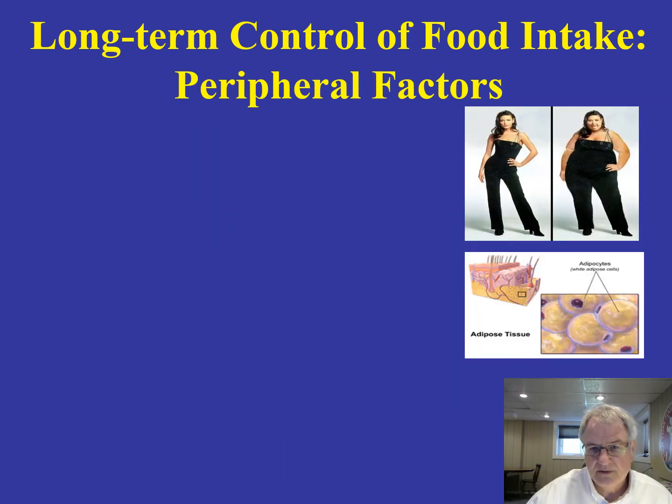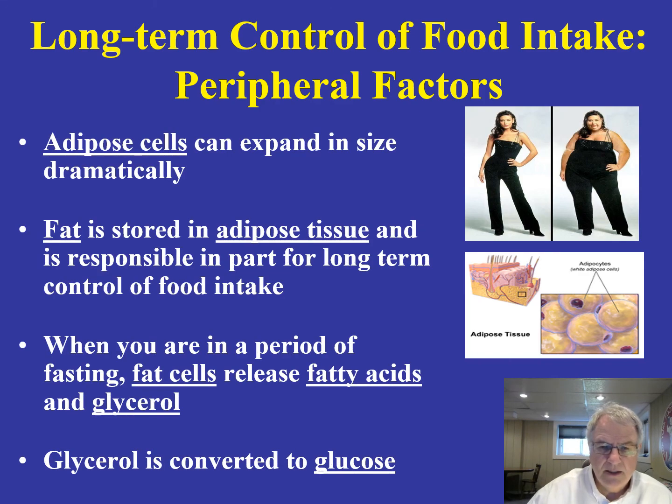Another recently discovered long-term factor that has become increasingly important is what is happening in adipose cells. The principal difference between a person who's thin and a person who's overweight is the size of adipose cells. Fat is stored in those adipose cells, and it's responsible for this long-term control of food intake.